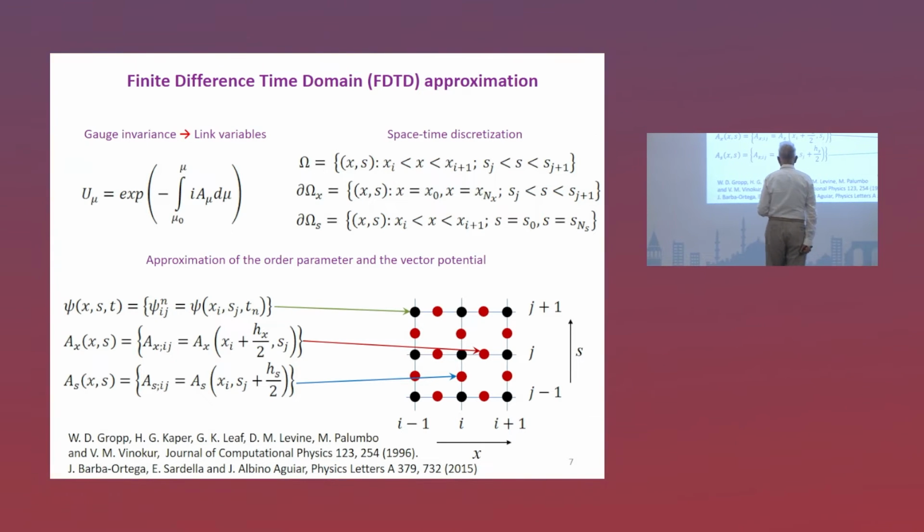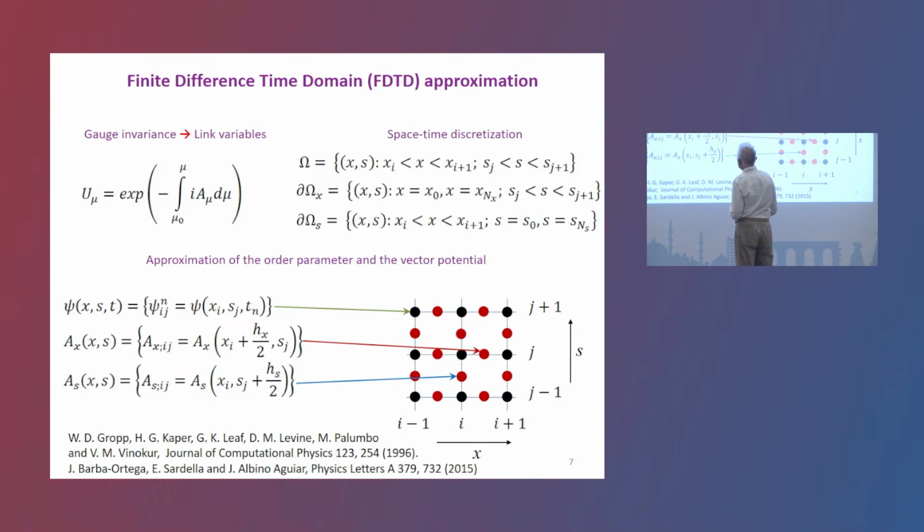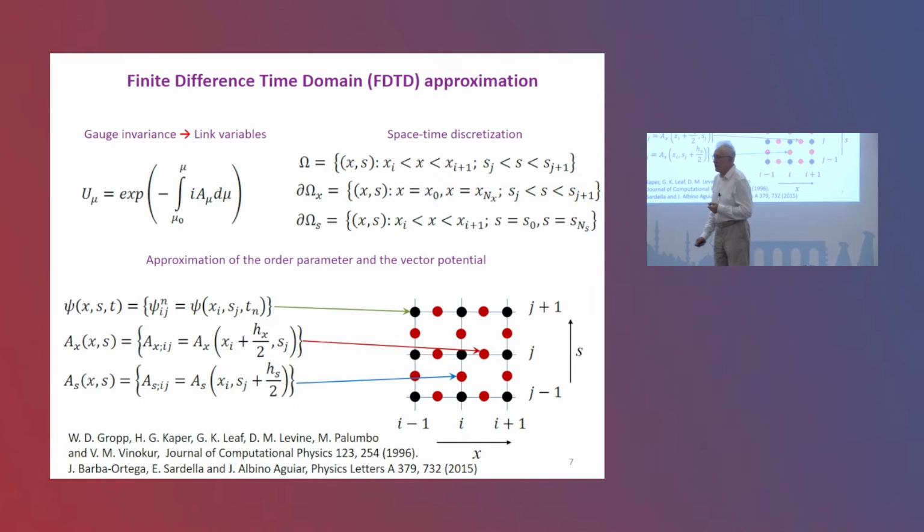And then within a link variables approach, in order to take into account gauge invariance, we project this set of equations onto a lattice. It's shown here. In fact, 2 lattices, one lattice for order parameter, another lattice for velocities or vector potential.